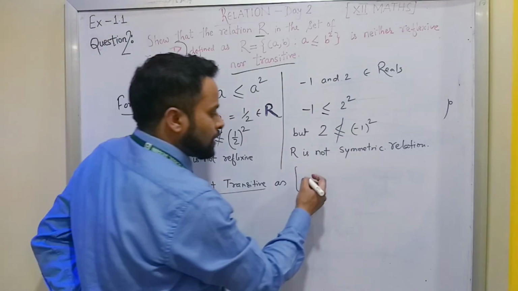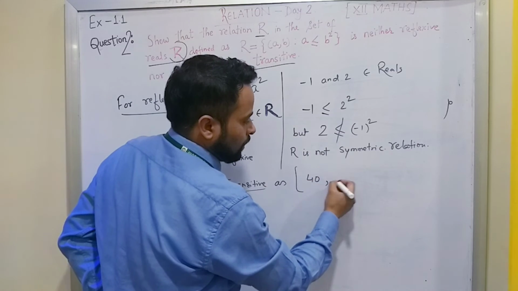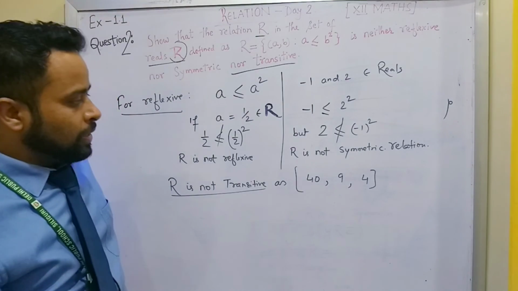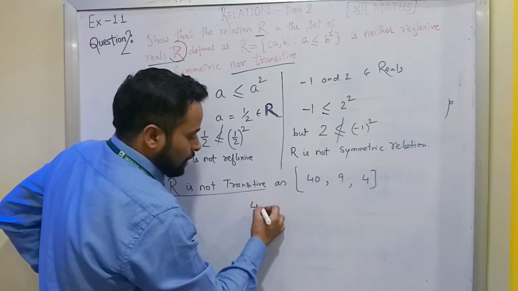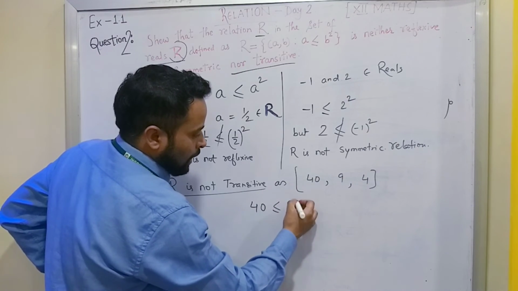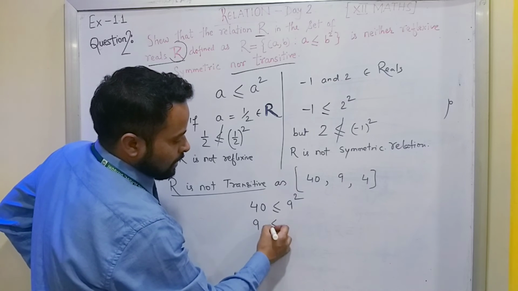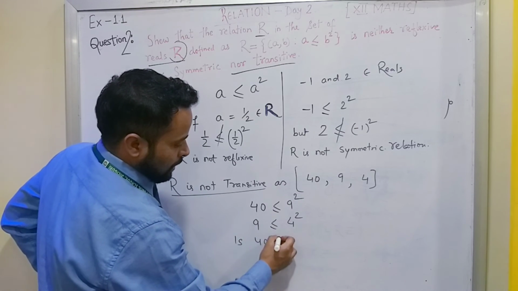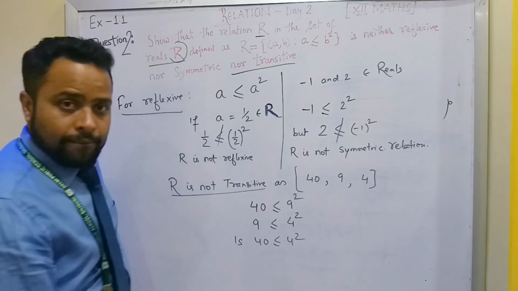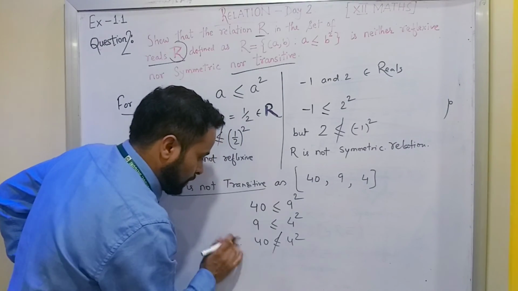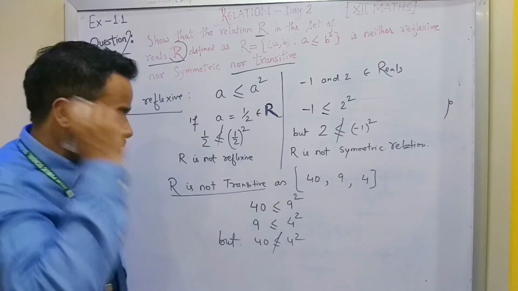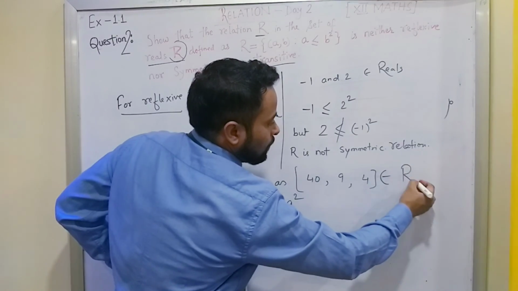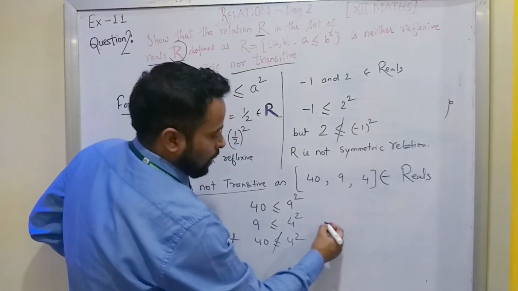Say let us write 49, 9 and 4. 49 is less than or equal to 9 square, 9 is less than or equal to 4 square, but is 49 less than or equal to 4 square? No, 49 is not less than or equal to 4 square. So R is not transitive.